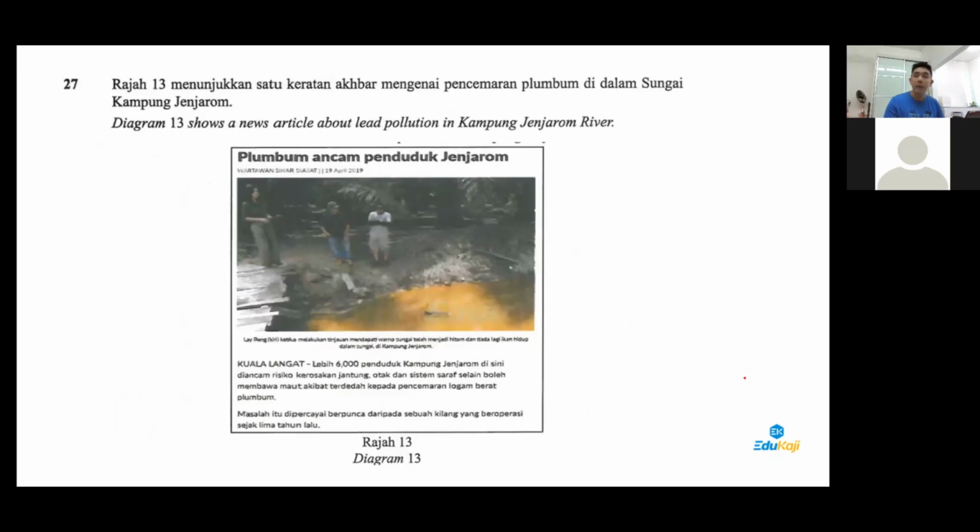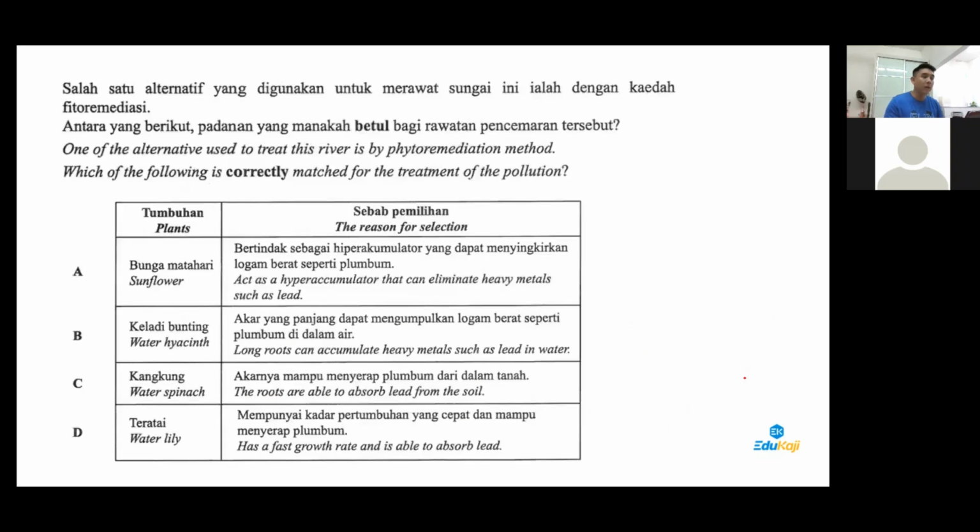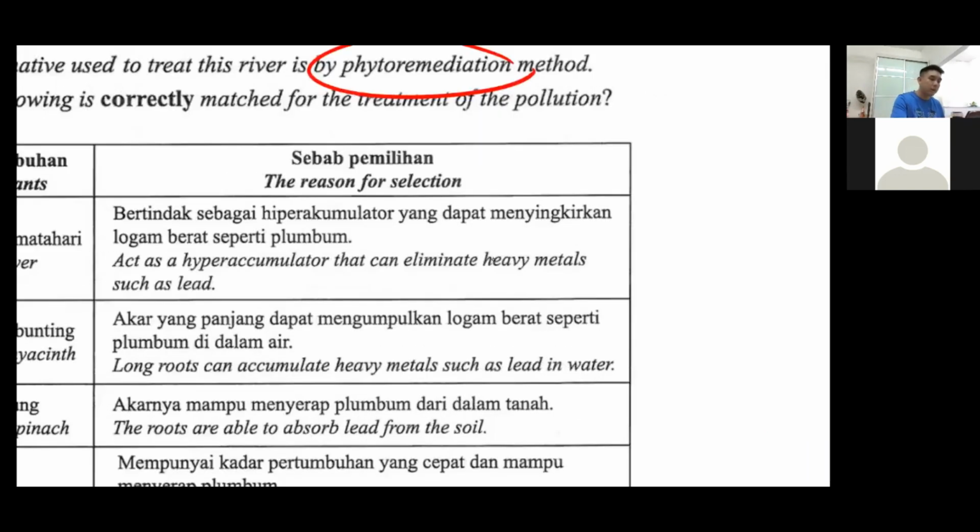27. Oh, pity, they put it in. So they stated to you obviously that this is phytoremediation. What is phytoremediation? We put a plant there, and it can absorb. Some can absorb metals, some can absorb toxic substances.